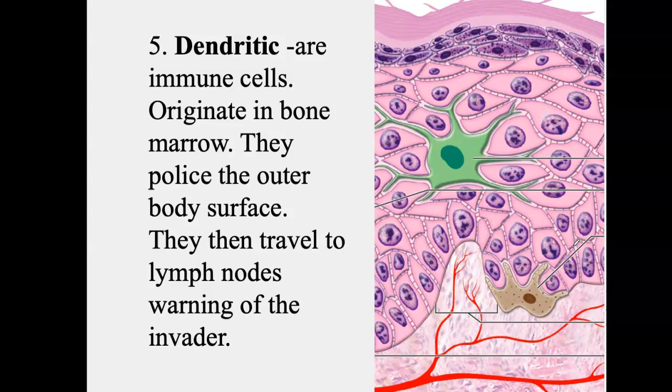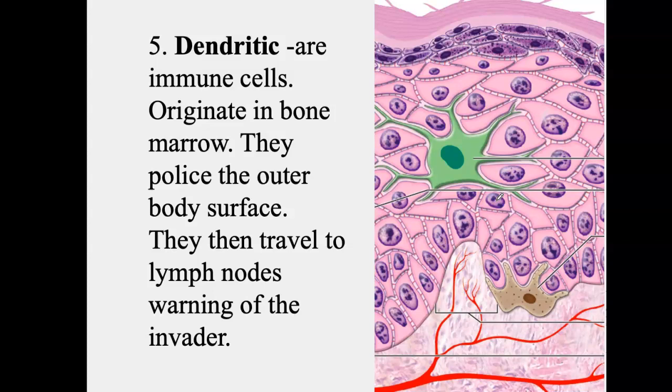Okay, yet another type of cell, not a sensory cell, but an immune cell. So this big green guy illustrated here is a dendritic cell. And these are going to be originating not in the skin, they're going to be made in the bone marrow, and they're going to migrate towards the skin. And they're going to just police this outer surface of your body.